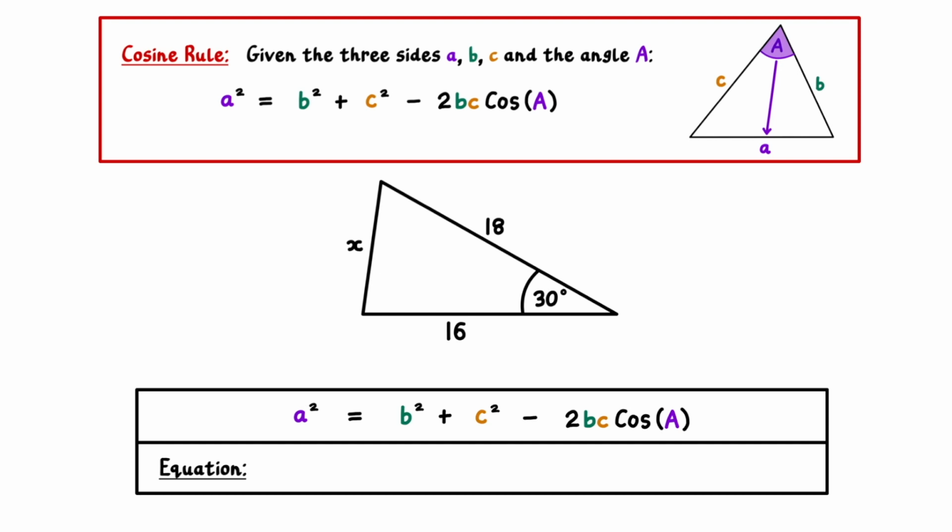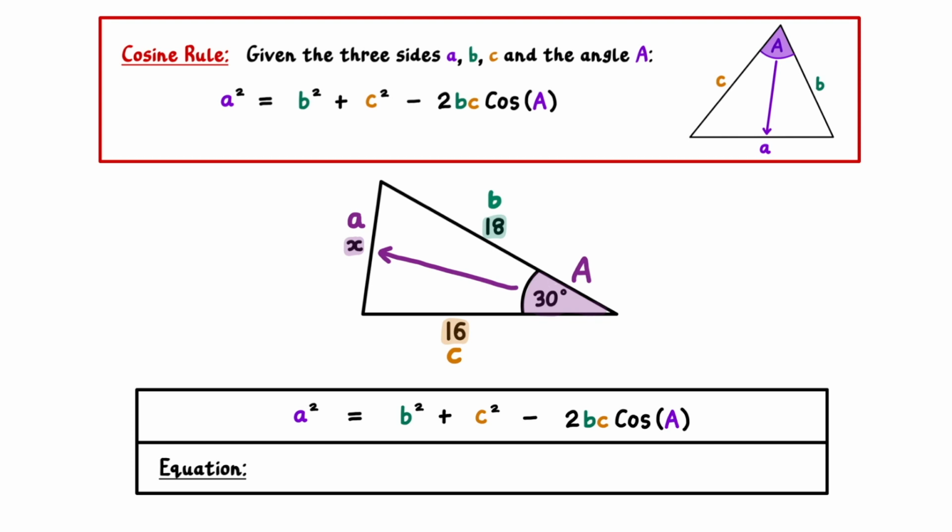The cosine rule only involves one angle, capital A. In our diagram, we only have one angle labelled, the 30 degrees, so this will correspond to capital A. The side opposite this angle should be labelled with lowercase a, and in our triangle, that's going to be the x. B and C can be assigned to the other two sides in either order. Here, I'll let B equal 18 and C equal 16.